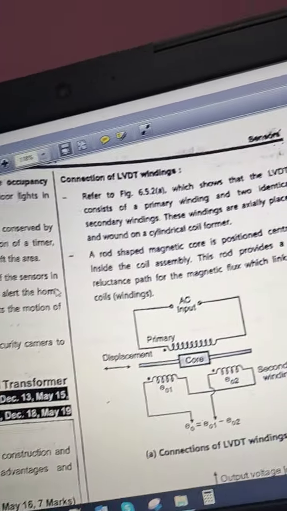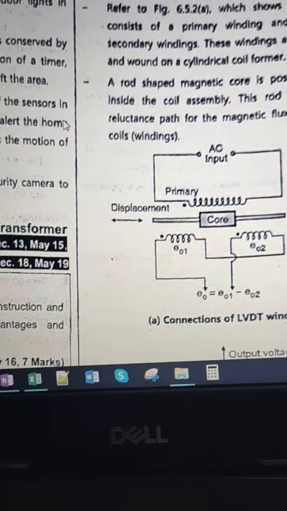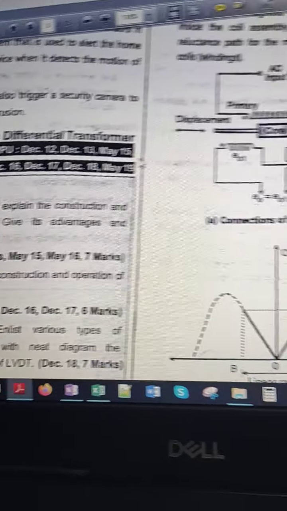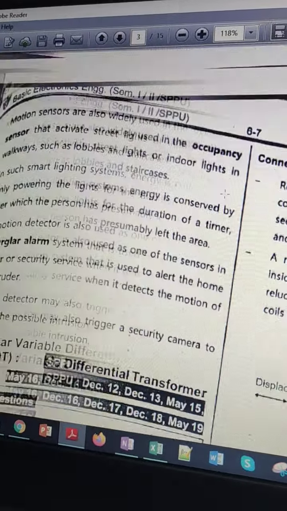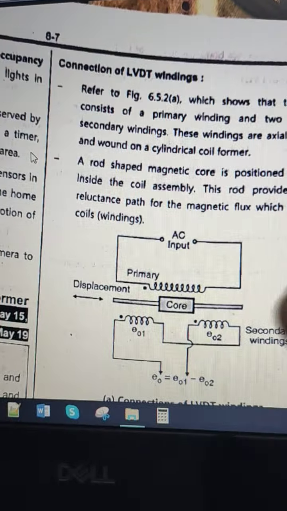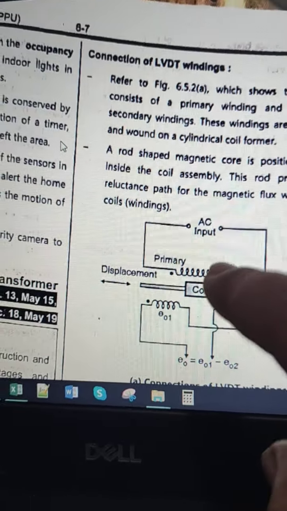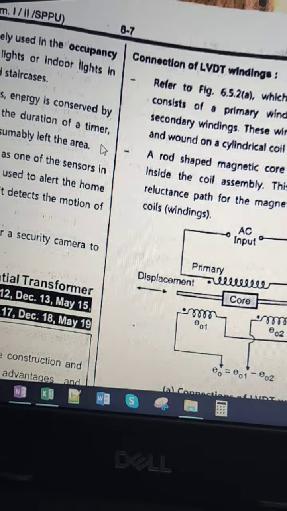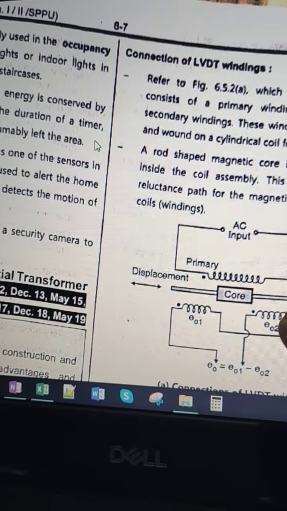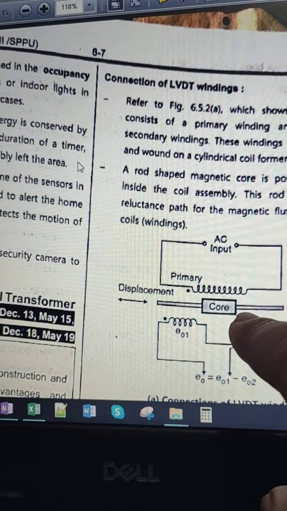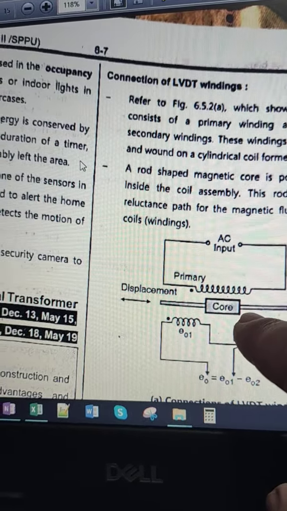Now this is the connection of LVDT. LVDT consists of one primary winding, where we apply AC supply, and two identical secondary windings. The middle one is the displacement. These windings are axially placed and wound in cylindrical coil form. A rod-shaped magnetic core is placed centrally inside the coil assembly.